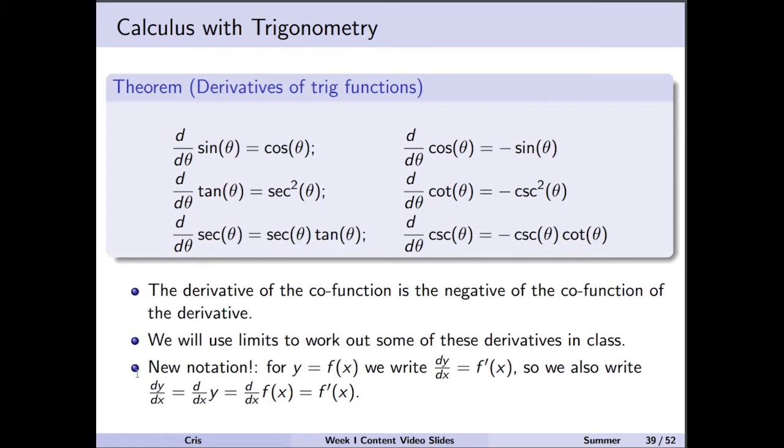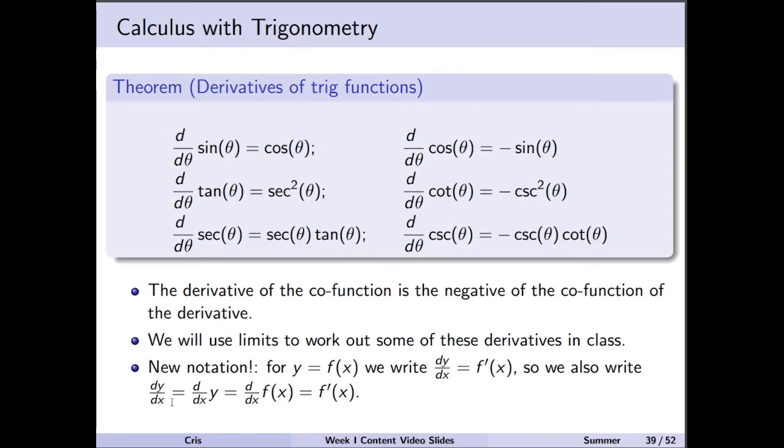If we look at this last bullet, it sort of comments on why we use this notation. If you think y is equal to f of x, and we've already talked about why the rate of change dy over dx should be the derivative f prime of x, then it makes sense to have this operator d blank over d variable.